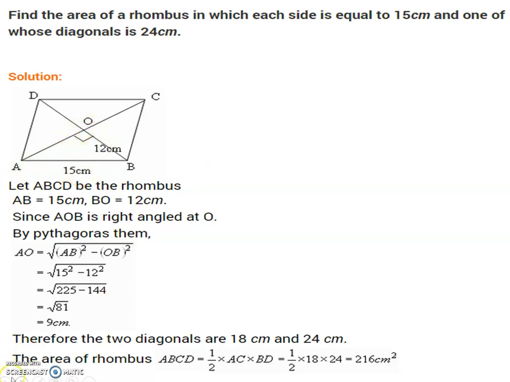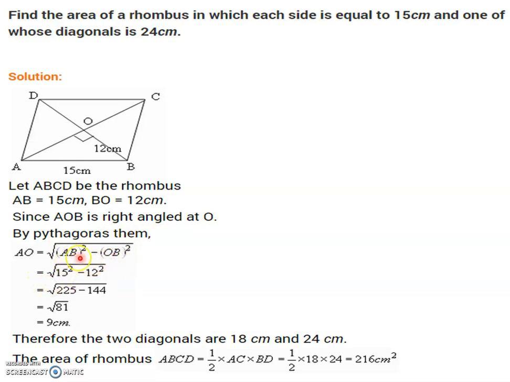Because this portion, I highlight here, is 90 degrees and the side opposite 90 degrees is always the hypotenuse, and these are the adjacent sides. That's why AO square is equal to AB square minus OB square. But for AO we have to take the square root, so we put the square root on the whole subtraction.